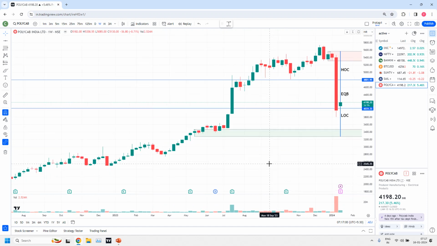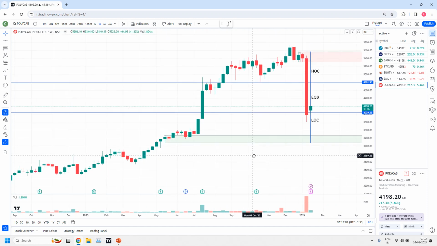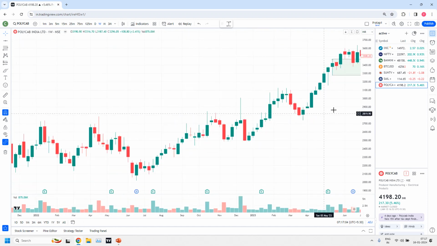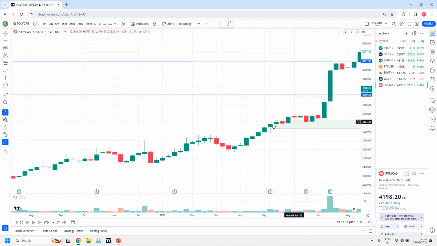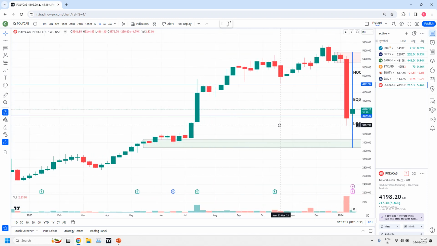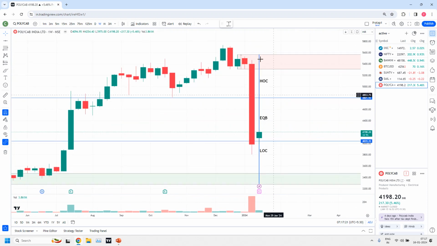In the weekly time frame, we already identified a demand zone and supply zone. See here we have a demand zone. This is an ERC, a rally, two base candles, and a leg out candle. This is a weekly demand zone, and also we have a weekly supply zone.